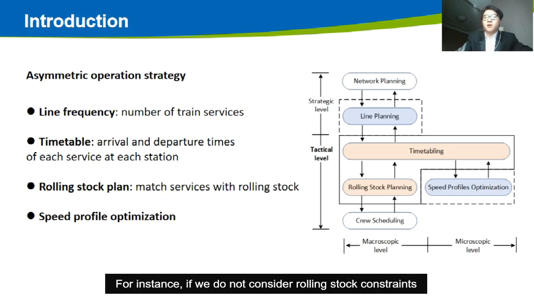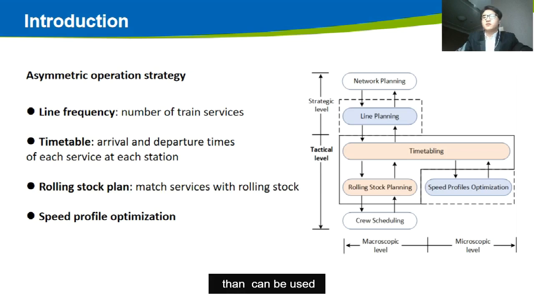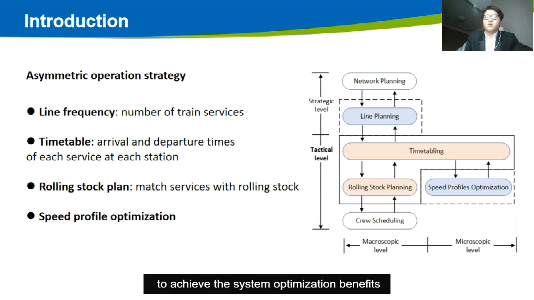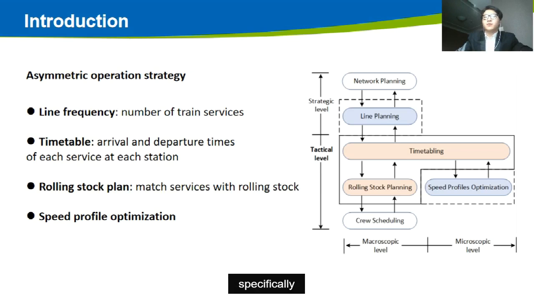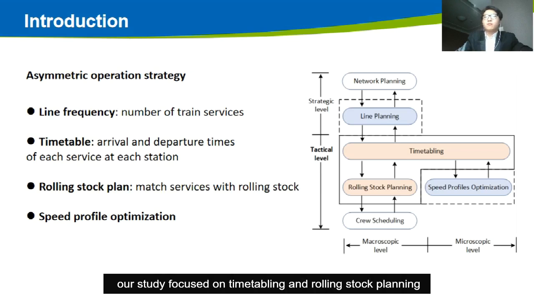For instance, if we do not consider rolling stock constraints, the optimized train timetable may require more rolling stock than can be used. So, to achieve the system optimization benefits, we treat the optimization of multiple procedures as an overall integrated problem. Specifically, our study focuses on timetabling and rolling stock planning.